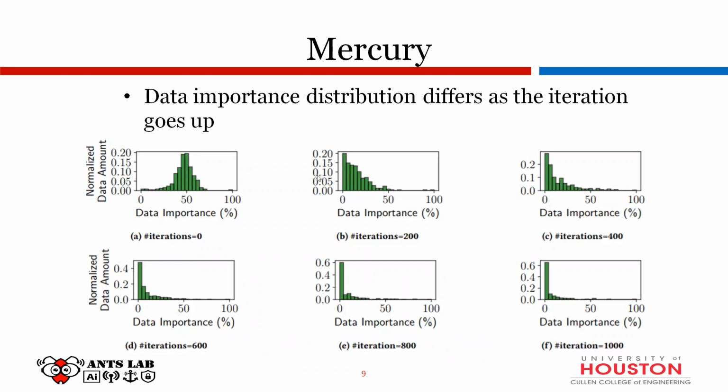As it goes on to 200, to 400, and eventually to 1,000, you can see more and more data that are viewed as not really that important to train the model. So as iteration goes up, more non-important data appear.